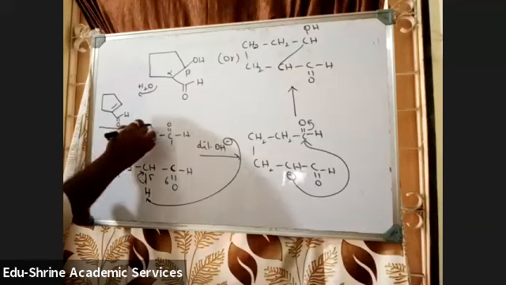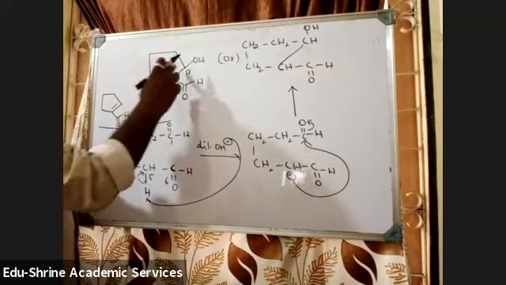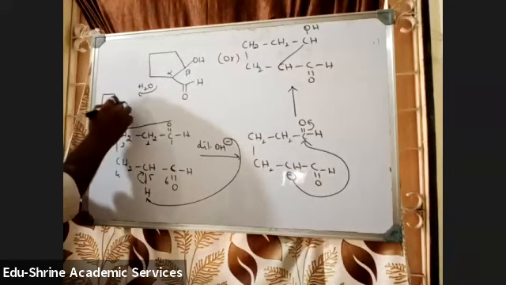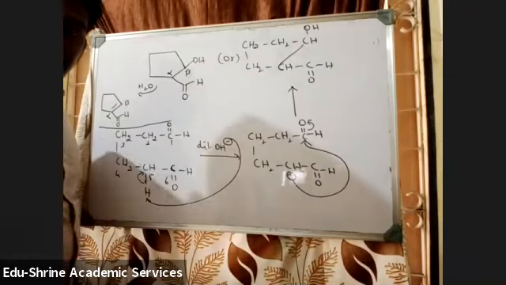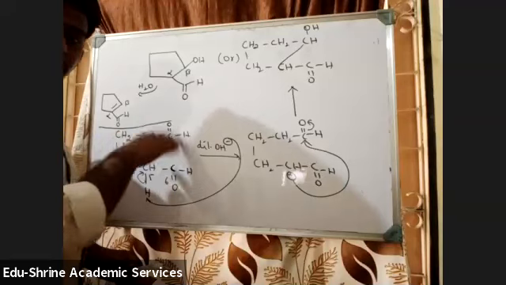This will be the final product. Here, this is alpha, this is beta. I have written this in the form of a ring, that's it. So within the molecule, the reaction is taking place.